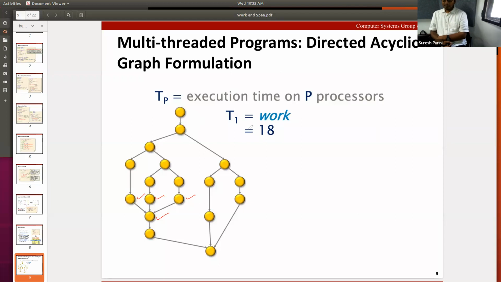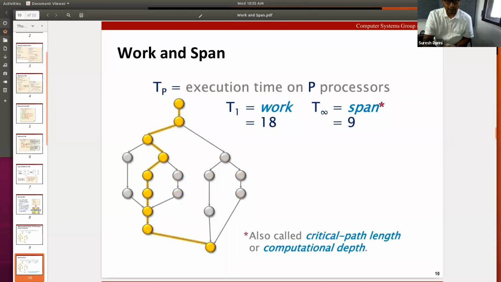And let's say TP is the execution time on P processors. Now, if you take the critical path in this DAG, that is the longest path, then no matter how many processors you deploy, you will not be able to execute this program in less than 9 time units.